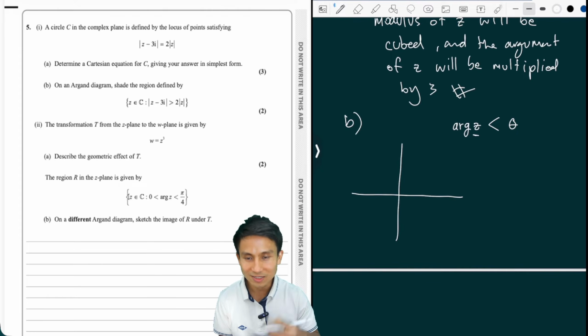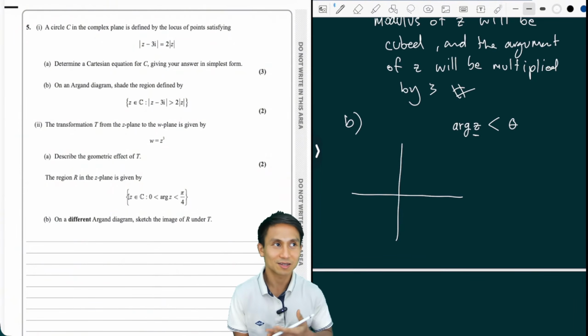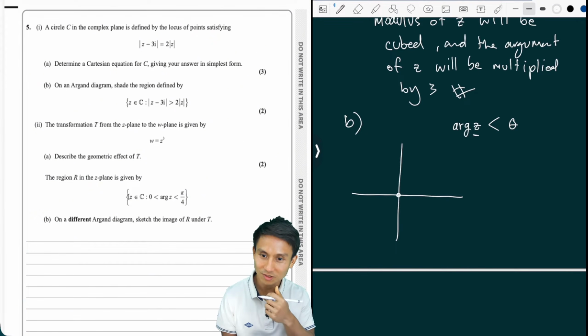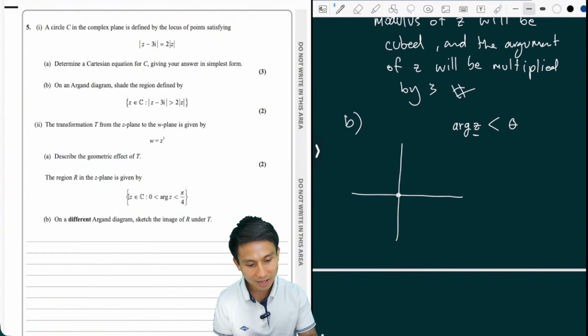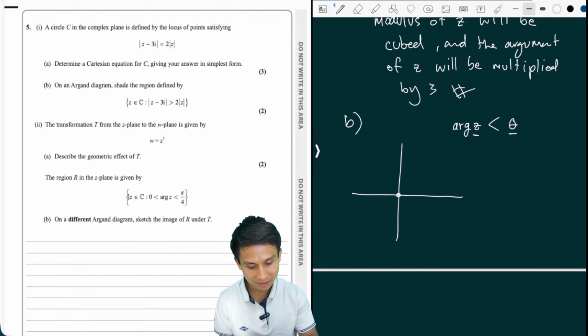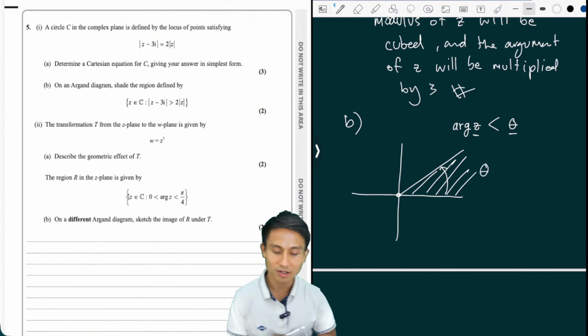If you have argument Z and nothing else in there, it's just Z, not Z minus Z1, you're going to start from the origin, which is (0, 0) here. And theta here means that you're going to have a half line, where the angle is less than theta. So the angle is less than theta, so you're going to be looking at this. This is the angle here.